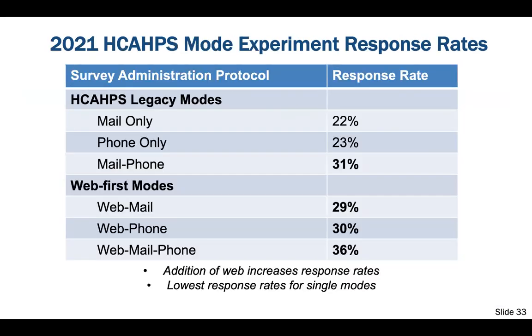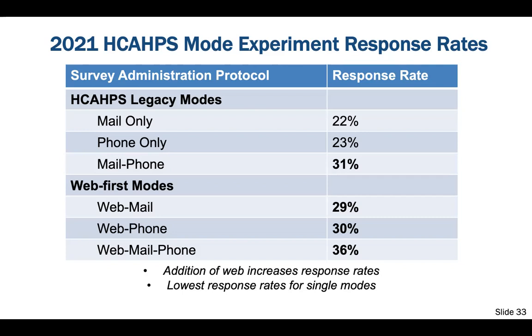These are the response rates that we got overall, and you can see that the pattern here is sort of the more phases, the better. So mail only by itself and phone only by itself got the lowest response rates. Any of the approaches that involved 2 modes got between a 29 and a 31% response rate, and then web, mail, and phone together got a 36% response rate.